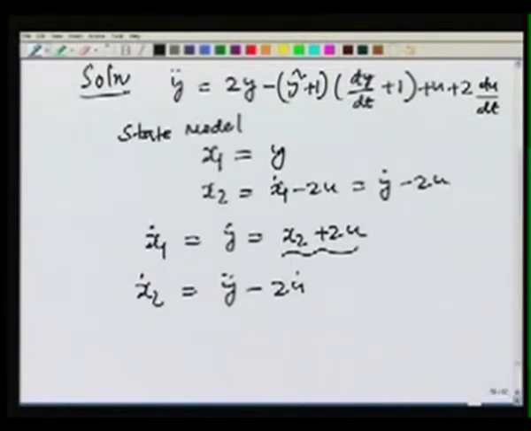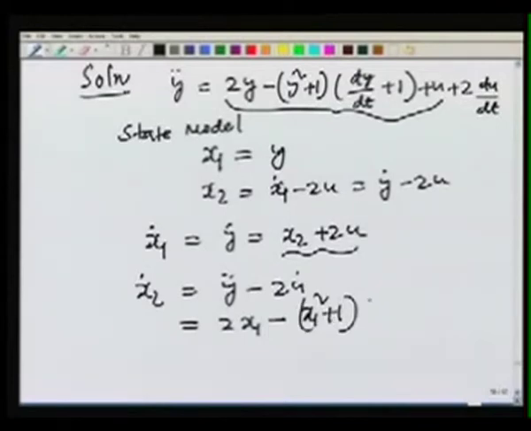You can see that y double dot minus 2 u dot is this particular quantity. So, we can write that: 2 x 1 minus x 1 square plus 1, times x 1 dot, which is x 2 plus 2 u, plus 1, then plus u.